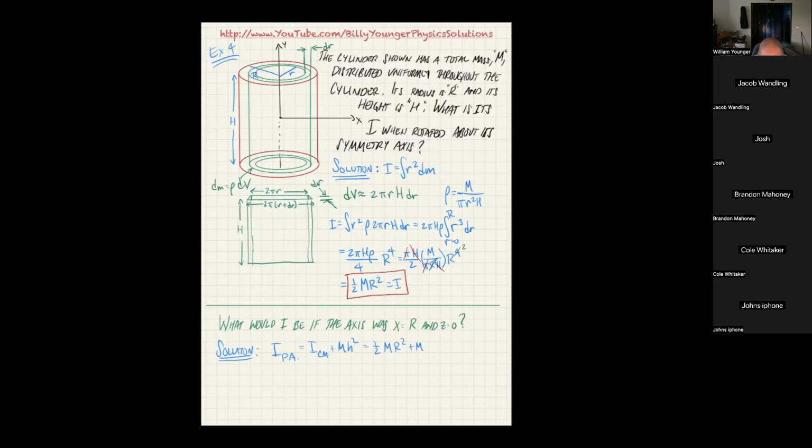I'm moving it to the right until x is actual capital R. So the distance I moved it is a capital R. So I'm going to put an R squared here for the h squared. And that gives me 1/2 mr squared plus 2/2 mr squared, which is 3/2 mr squared. So that turns out to be the moment of inertia about the parallel axis.